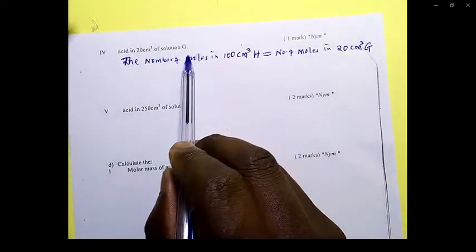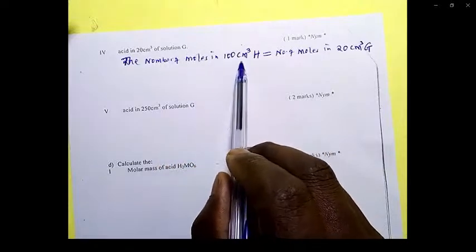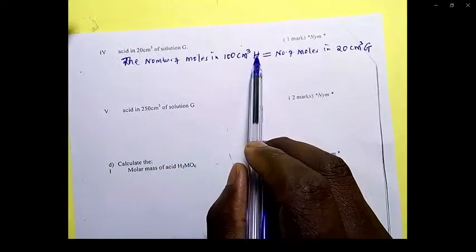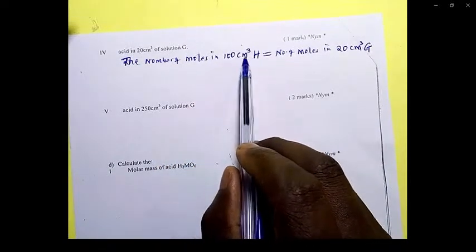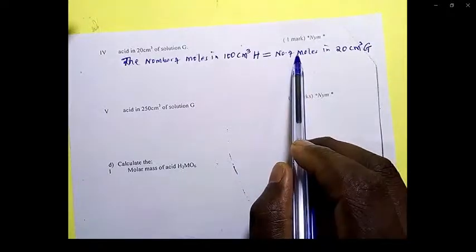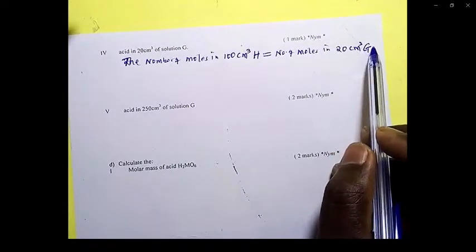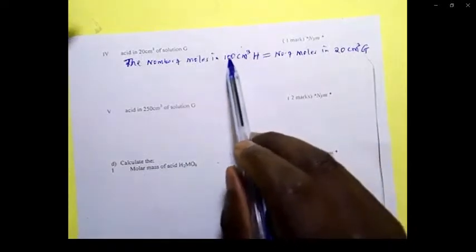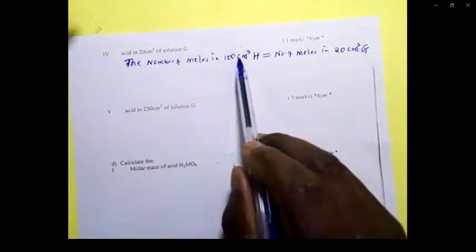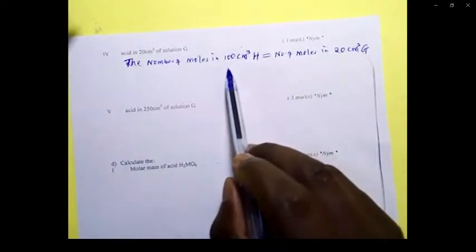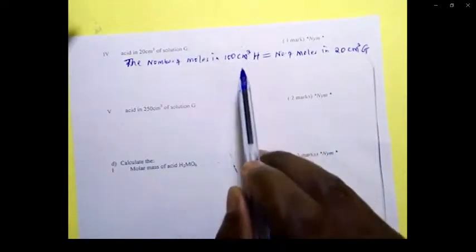So the number of moles in 100 centimeters cube solution H is equal to the number of moles in 20 centimeters cube of the original solution G. The number of moles does not change. What changes when you dilute a solution is the concentration.